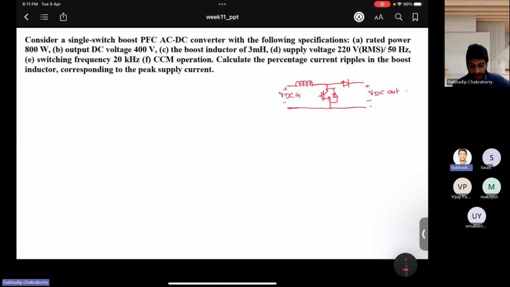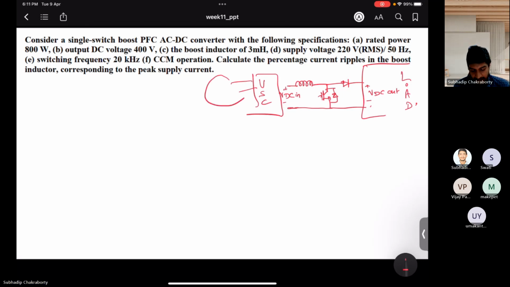On this side you have the converter VSC, which forms the DC voltage from the AC side, and this side you have the load. Before the VSC you also have the AC supply, and you have capacitors on both sides for ripple reduction.